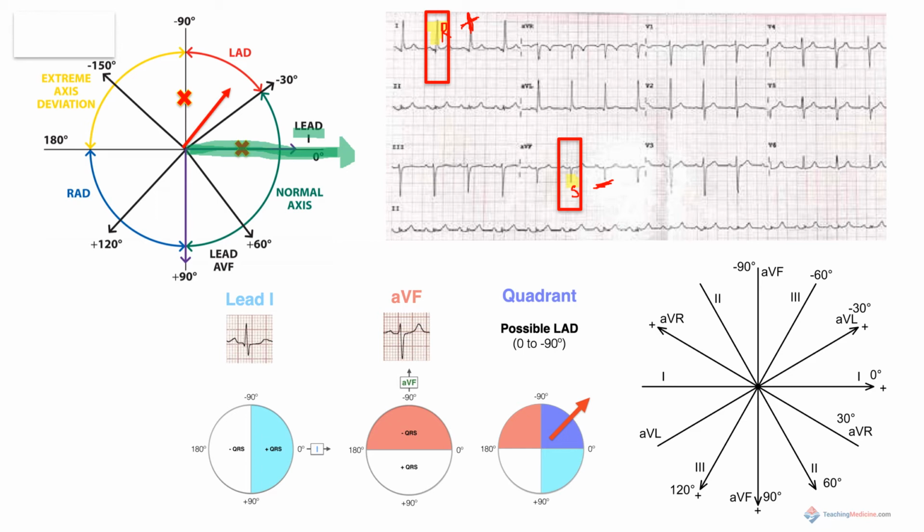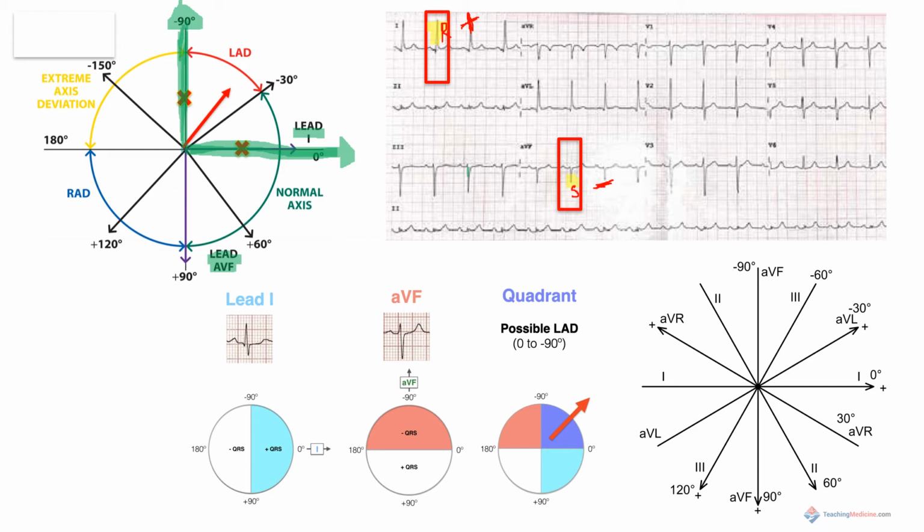Then I'm going to find AVF, which is down here, the whole perpendicular line from positive 90 to negative 90. Since it is headed in a negative direction, I'm going to draw my vector towards negative 90 degrees. Why negative 90? Because this time I am heading in the negative direction.